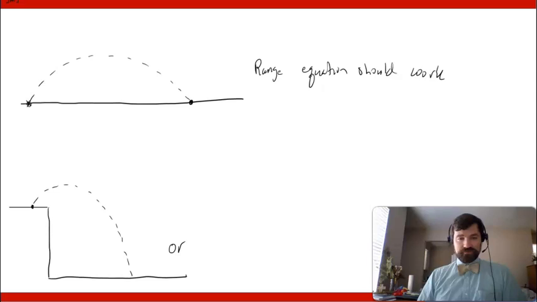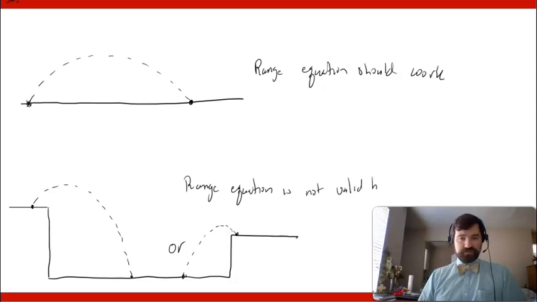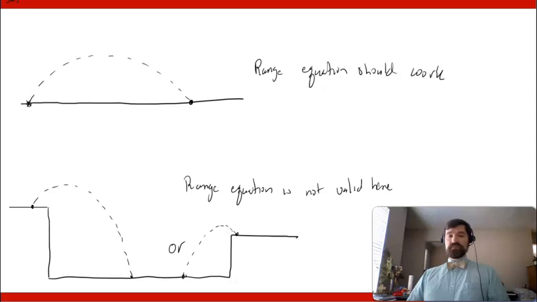Similarly, if the object is being projected up onto a height that is higher than what it started from, this won't work either. The range equation is not valid here, or not valid for finding the actual solution to the problems.